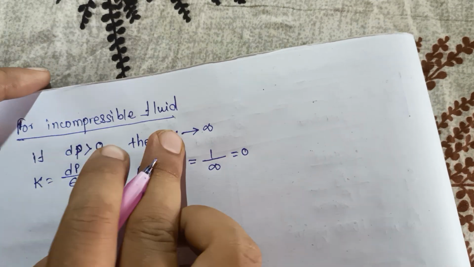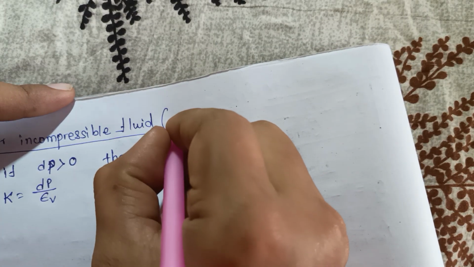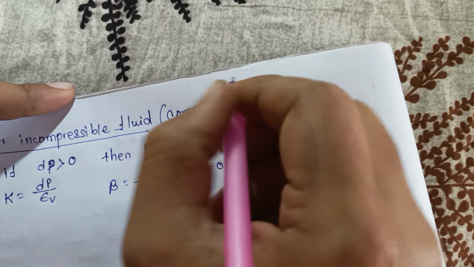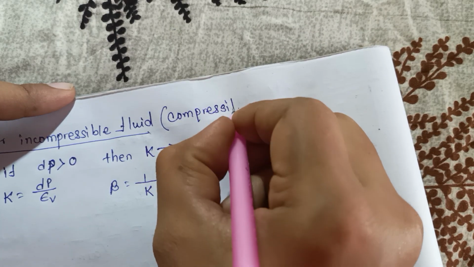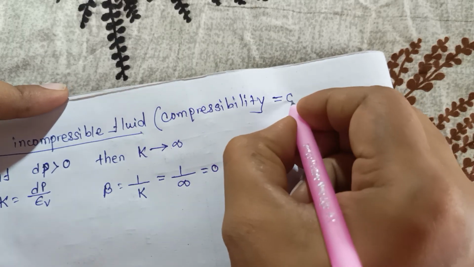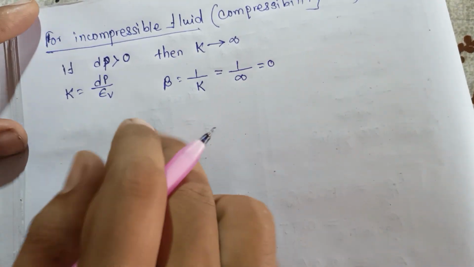So for an incompressible fluid, the compressibility equals 0. Very important concept.